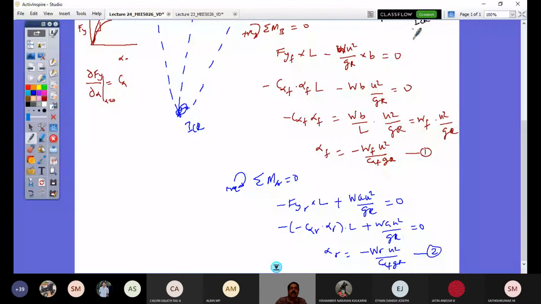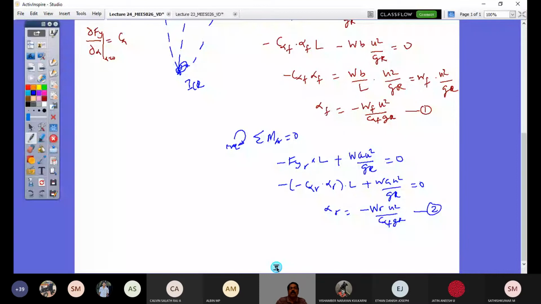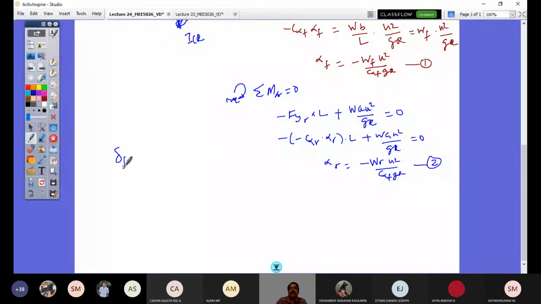What is delta F? It is given by L by R minus alpha F plus alpha R. Substitute, so put 1 and 2 in equation number 9, which we derived earlier.